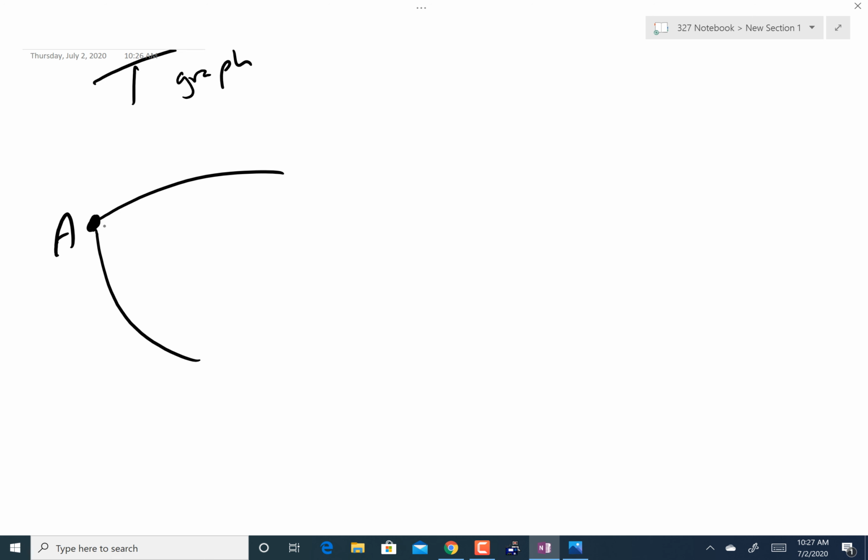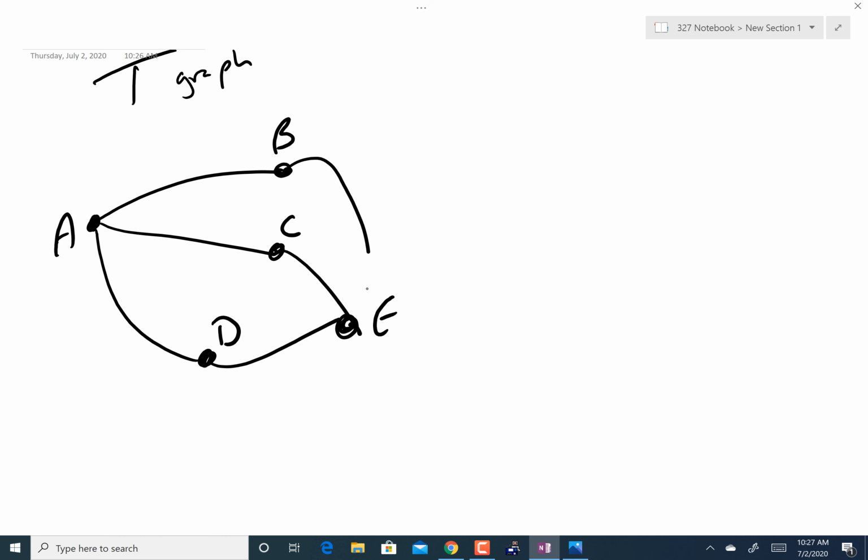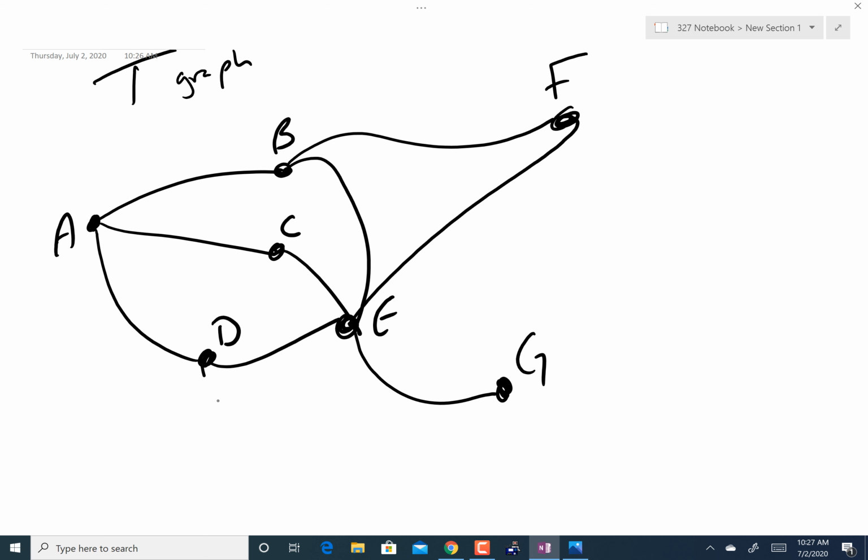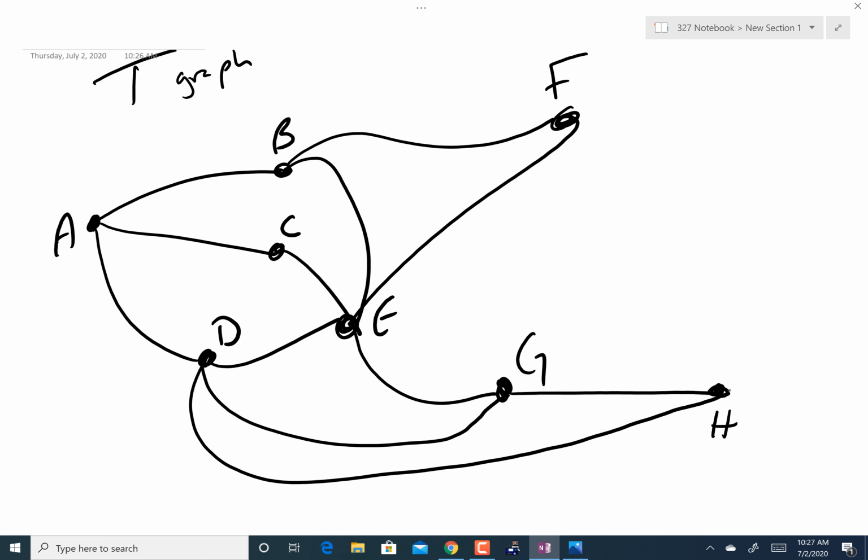I'm going to go ahead and draw these in. And I'm going to go ahead and label the edge lengths here as we get going.